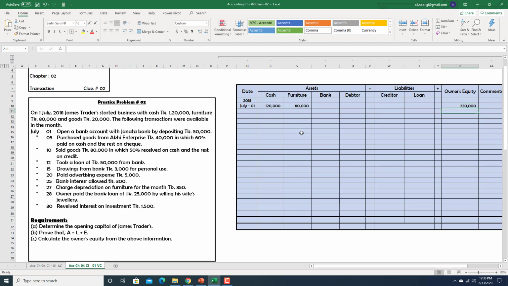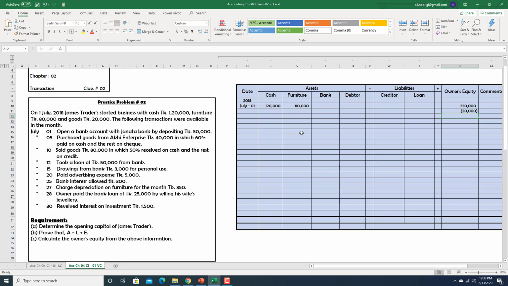Immediately you have to subtract the amount of goods, because goods is not an asset account. You have to consider it as an expense, and expense reduces the owner's equity.